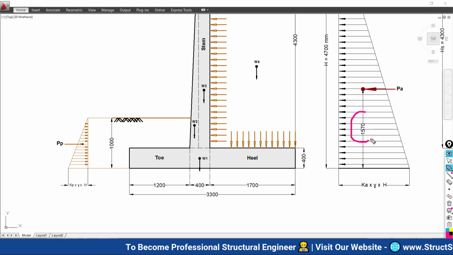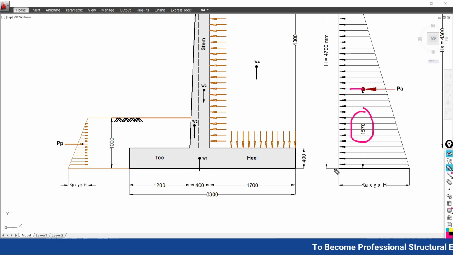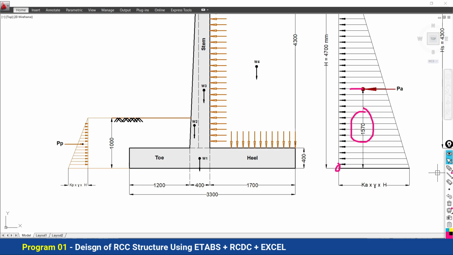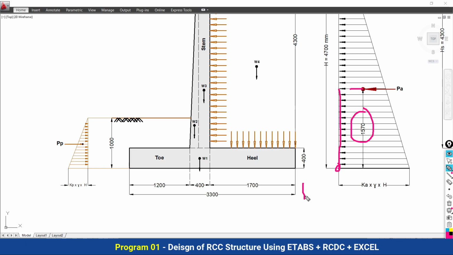So it is going to become 1.75. So the point of action of the load from this fixed point of the toe, it is 1.57. So that we are going to put here, 1.57. Sorry, not h by 2, it is h by 3. When you see from this side, it is h by 3.